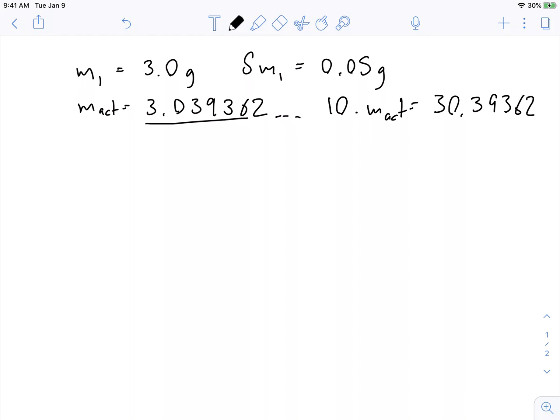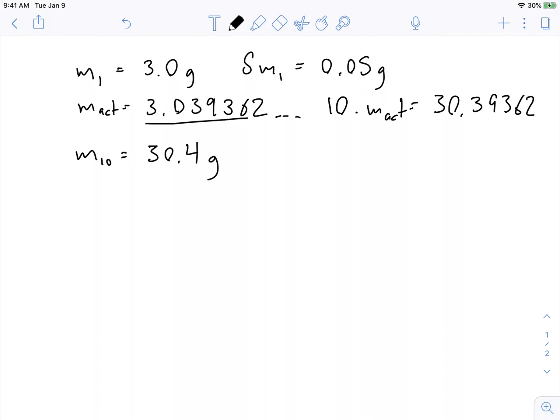Well, if I put this on my scale, I'm going to just call this all 10 masses, it would read on the scale 30.4 grams, right? That's what that number would read on the scale, right? This would round up to, okay. And this single measurement has the same uncertainty as this, right?